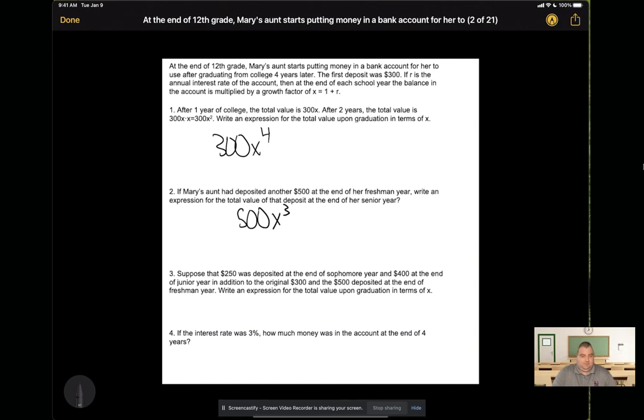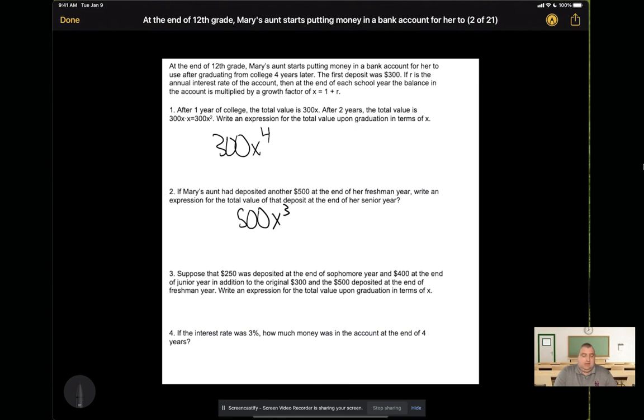Number 3: suppose that $250 was deposited at the end of sophomore year and $400 at the end of junior year, in addition to the original $300 and the $500 deposited at the end of freshman year. Write an expression for the total value upon graduation in terms of x.